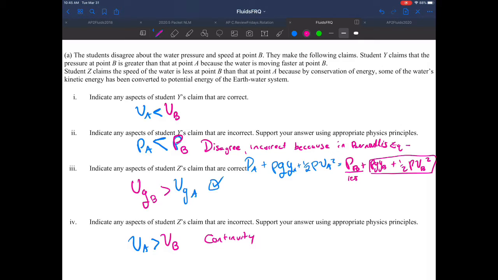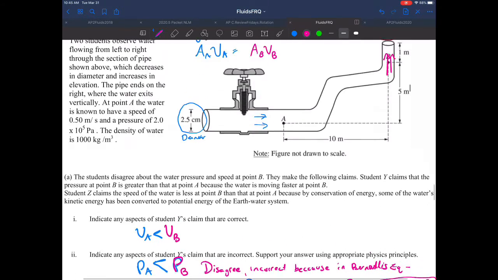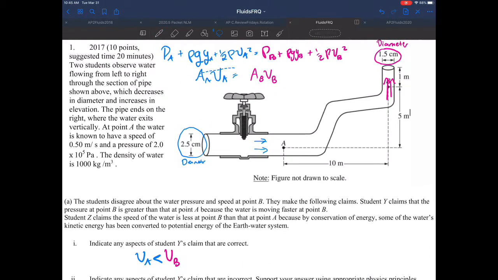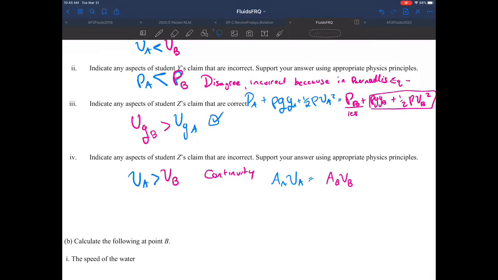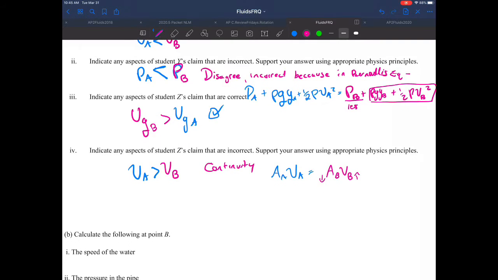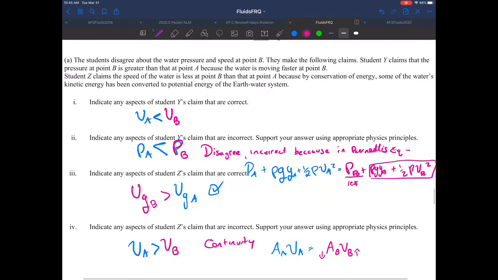You can either say the name of the equation or just write it out, which we already figured would come into our thinking, and we'd already written it down above. So we can just say that VB must increase because AB is less. What else is interesting here is that conservation of energy comes up, but there is work. Energy is not really conserved because there is work from the delta pressure.